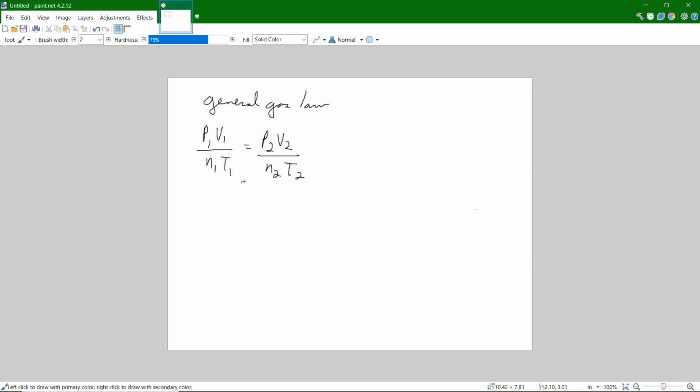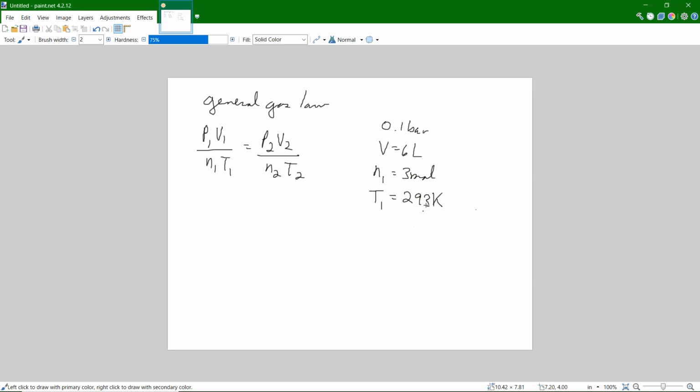And let's make an example. Suppose we had a sample of neon gas at 0.1 bar and a volume of 6 liters, and the sample contained 3 moles. And the temperature was 20 degrees Celsius, so you got to convert that to Kelvin, 293 Kelvin.